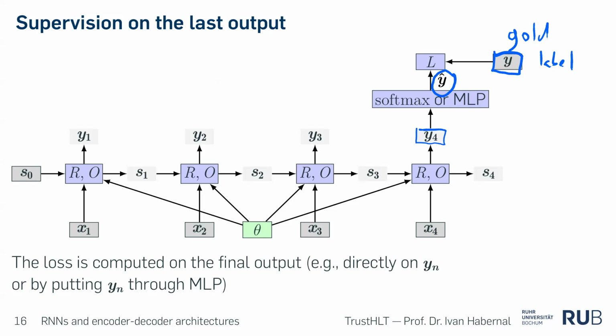In the end, you want to see if the sentiment is captured correctly or not. So this y could be exactly the label for the entire sequence. The sequence is a number of tokens, so a movie review, for example, and the gold label is positive or negative. Is the movie review positive or negative? This is basically sentence classification or document classification.